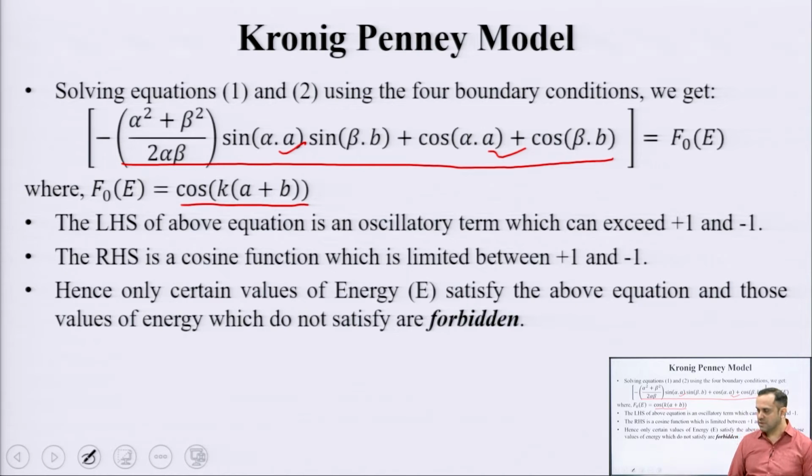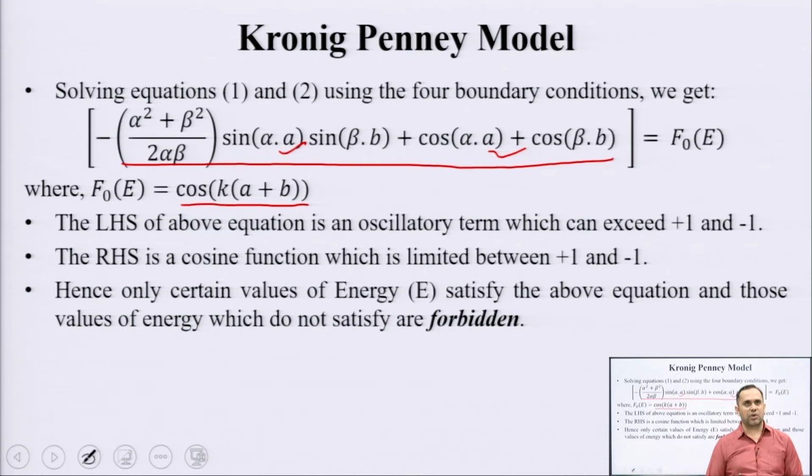What does this mean? This provides a very important conclusion that when you solve this mathematical model for the energy of an electron, of different electrons for different potential profiles of each atom inside a crystalline solid, we say that only certain values of energy are allowed and all those which are not allowed are considered to be forbidden.